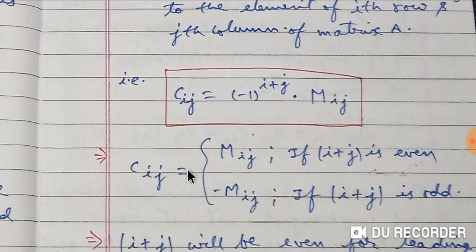So Cij will be equal to two possible parts, Mij and minus Mij. With the plus 1 value this will be Mij, and with the minus 1 value this will be minus Mij.